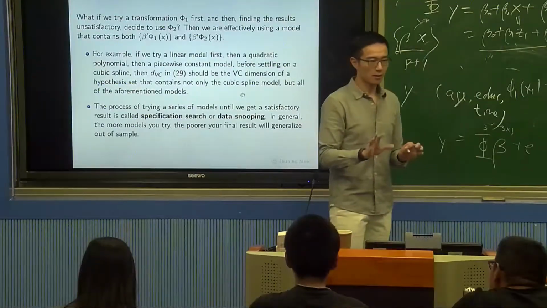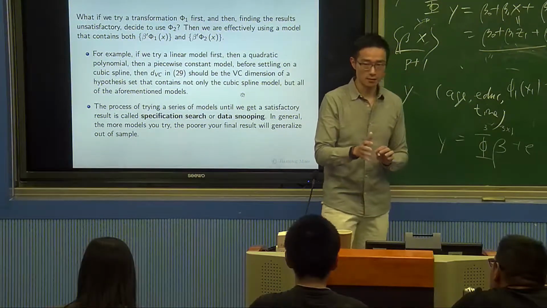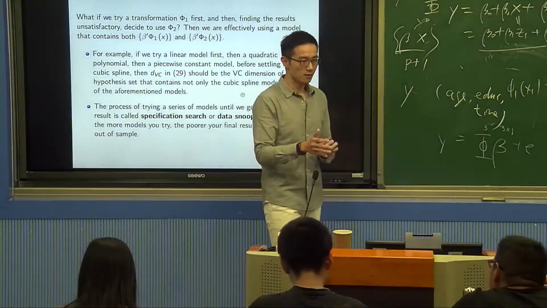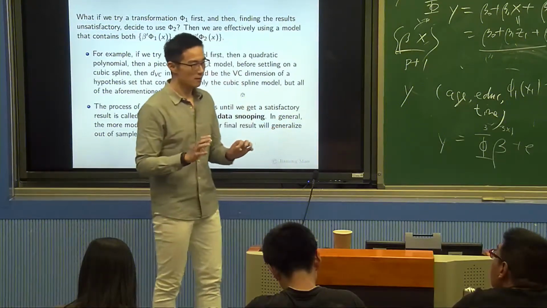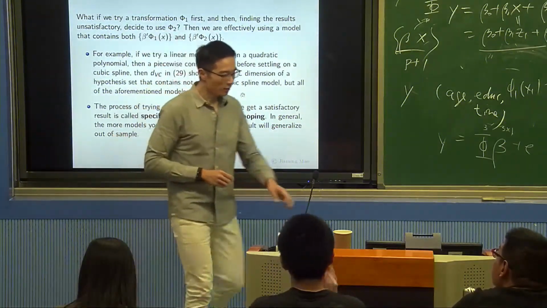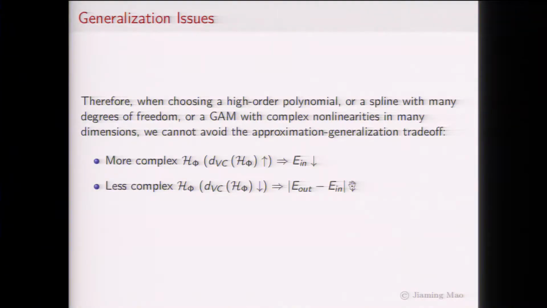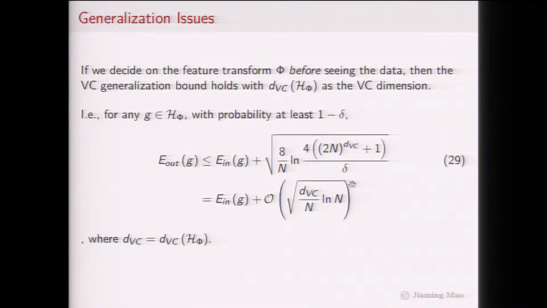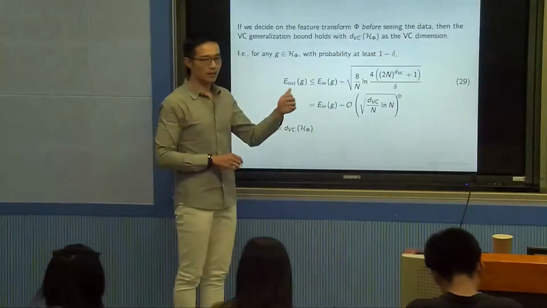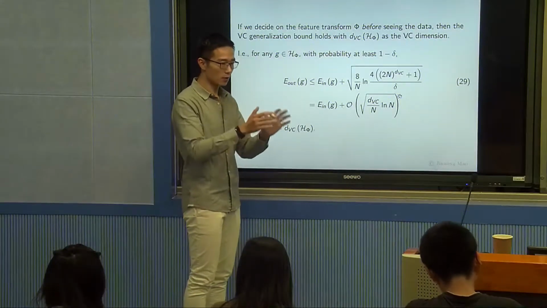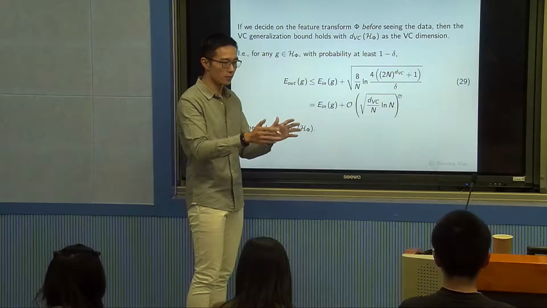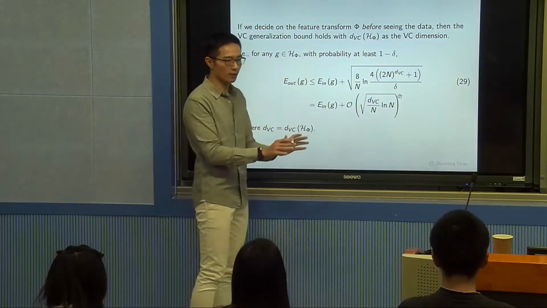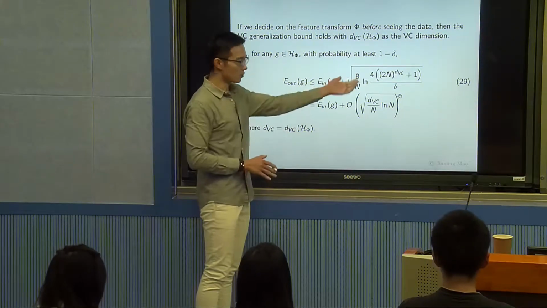No. They look at the data and then decide what kind of model they want to use. However, when I write down this VC inequality, I'm assuming that you have already determined what model you want to use, what kind of feature transform or nonlinear model, before looking at the data. And that holds.